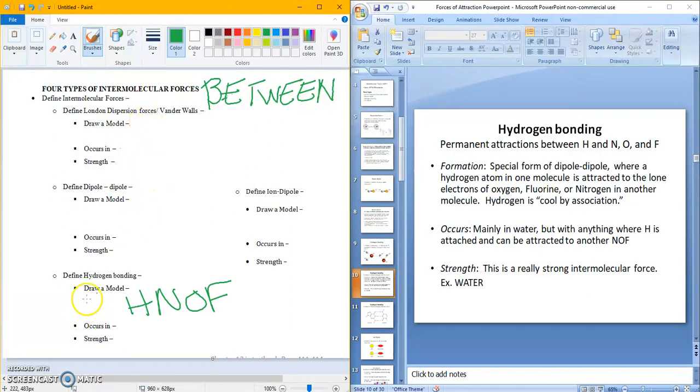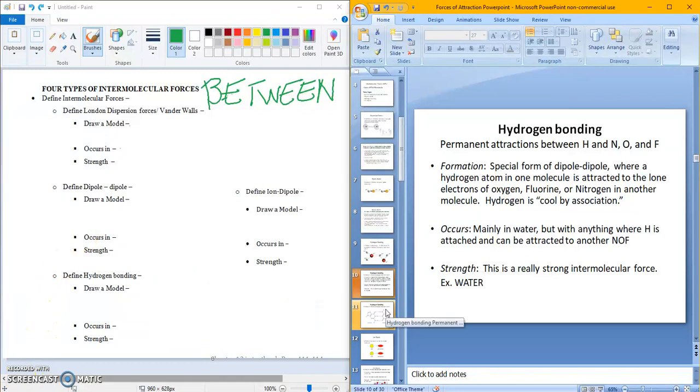And of course, with this one as well, since fluorine is most electronegative, it's going to be the strongest, and nitrogen is going to be the weakest of these three. But all three of them are very, very strong compared to our other intermolecular forces.